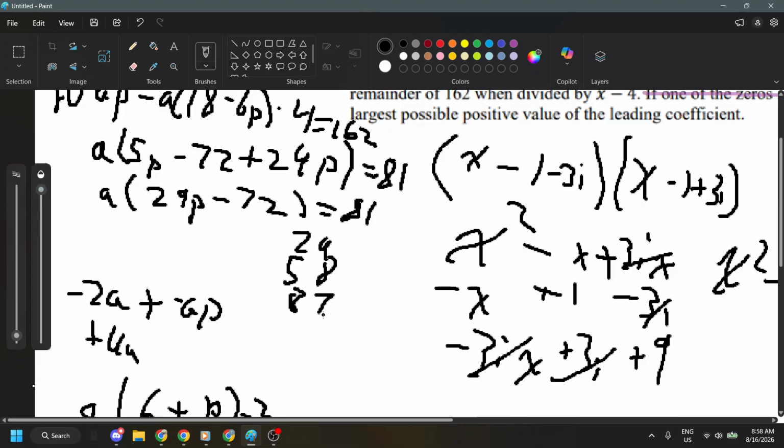Is that true? Yeah, that's true. So the smallest possible thing this can be is 87 minus 72, which is 15. Oh, shoot. That's bad, because 18 doesn't factor this.